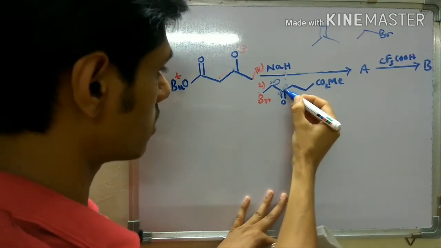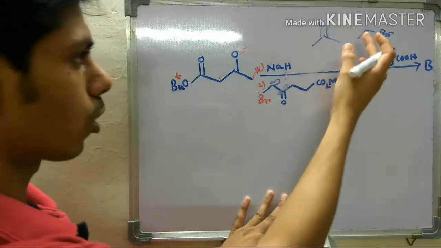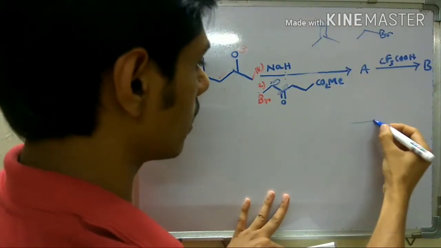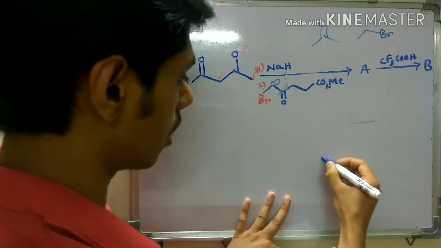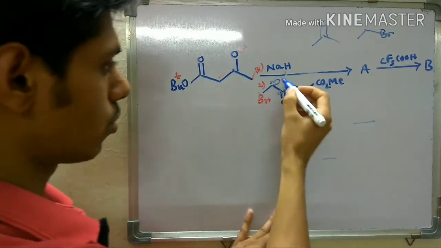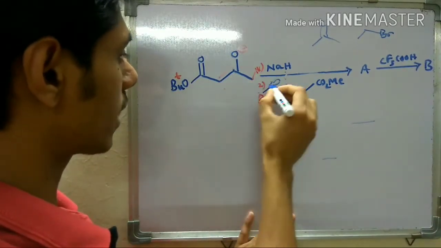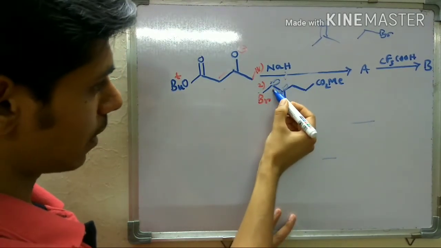The pi star orbital and the sigma star orbital interact, and that lowers the energy of the sigma star orbital. So normally the sigma star orbital has a certain energy, but in this alpha-halocarbonyl compound the sigma star orbital has a lower energy. That's why its reactivity increases. So in this case this enolate can easily attack this alkyl halide position, that is, this particular electrophilic site.